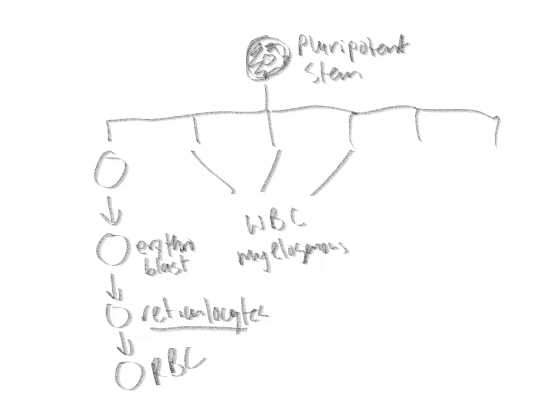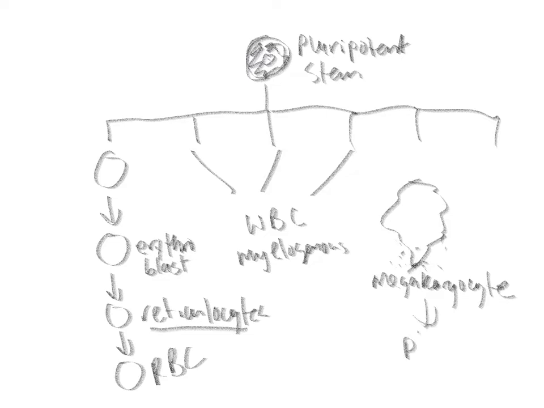Then, of course, we've got a line that makes our platelets, and that basically comes from a very large cell that we call a megakaryocyte. And little bits break off of that, and that's how we get our platelets. So platelets are really just little bits and pieces of megakaryocytes that eventually break off.